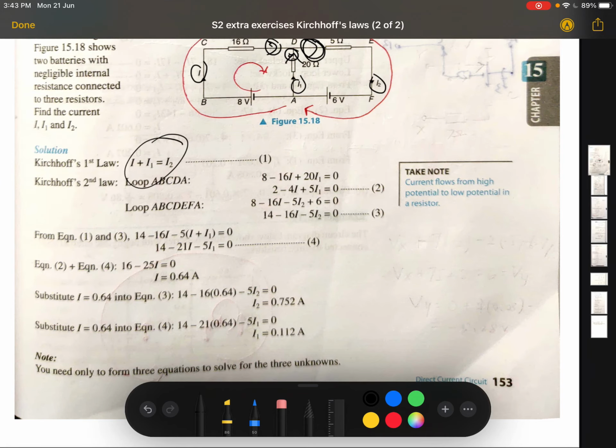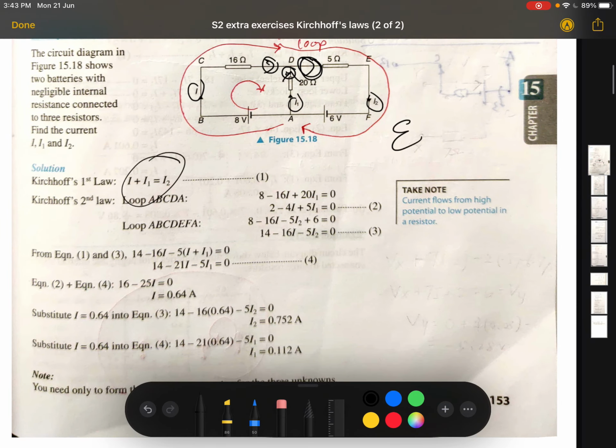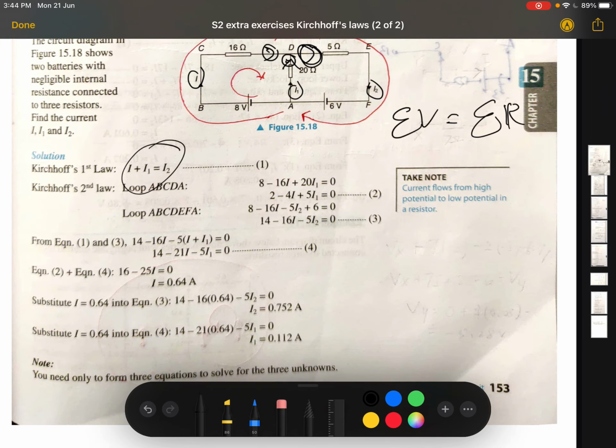But the way I like to explain this is in a loop: in a loop, the sum of the EMFs of the cells is equal to the sum of the voltages of every resistor. So basically, the value of all of these added together is equal to the value of these added together.